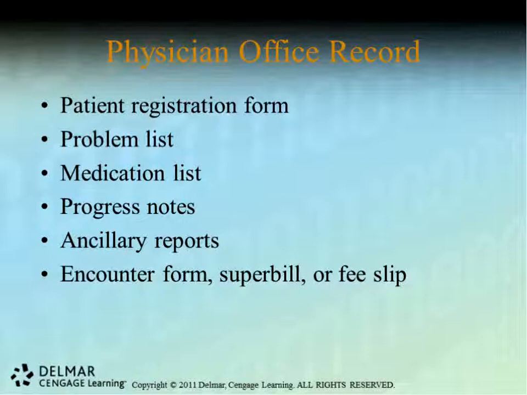Figure 632D, page 195, is the progress notes for a physician office. And Figure 632E on page 196 is the ancillary report form for a physician office record. All right, so those are all our figures.